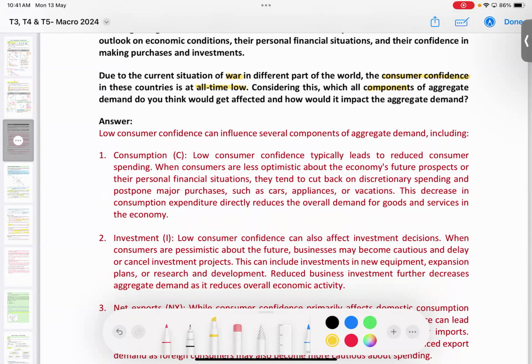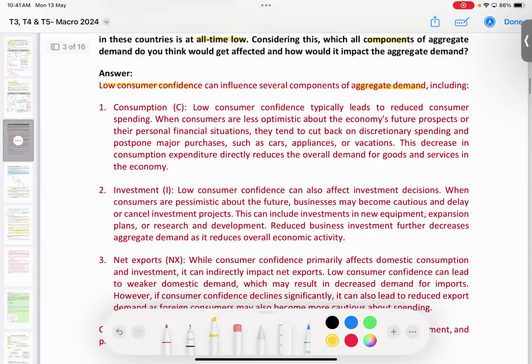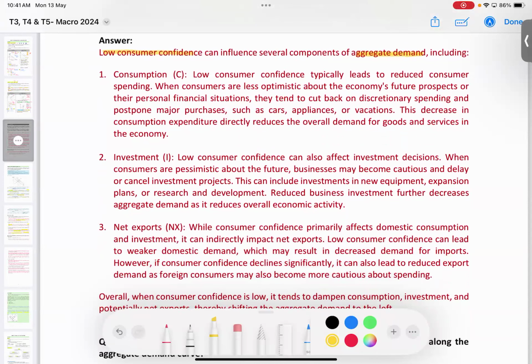So here we're talking about low consumer confidence, and that will affect aggregate demand. But which components of aggregate demand? We can straight away go through these answers here. The first one is consumption. Because of war, people are less optimistic about the economy's future prospects and their personal finance.